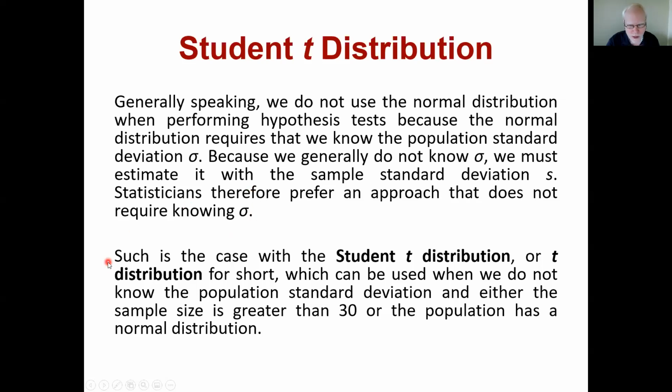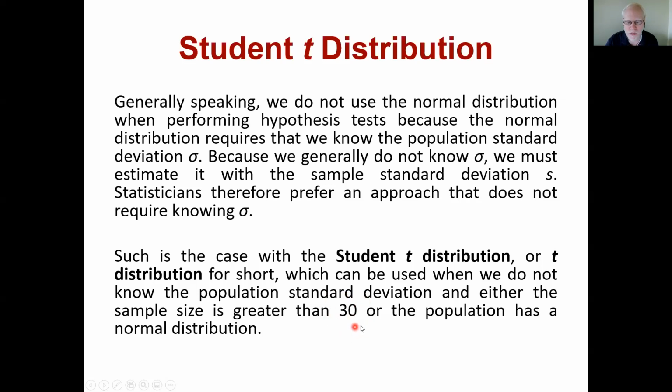And so we use the student t distribution, or t distribution for short, which we can use when we do not know the population standard deviation, and either the sample size is greater than 30 or the population has a normal distribution. So there are some limits on when we can use student t. You need either a sample size greater than approximately 30, and this is more a number by convention.